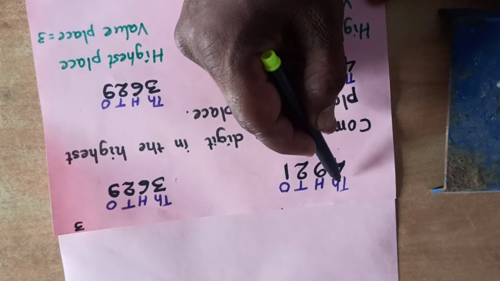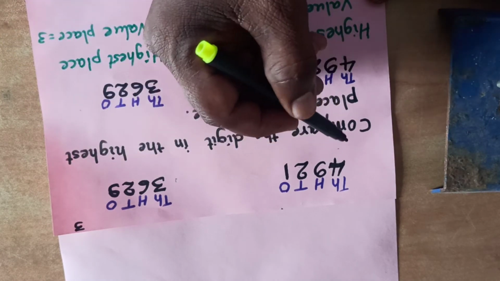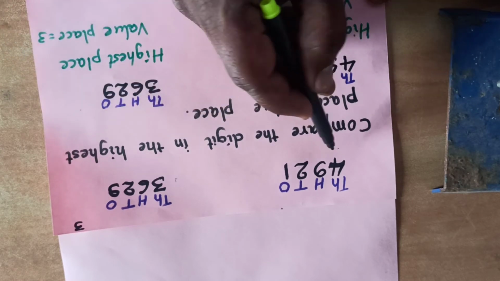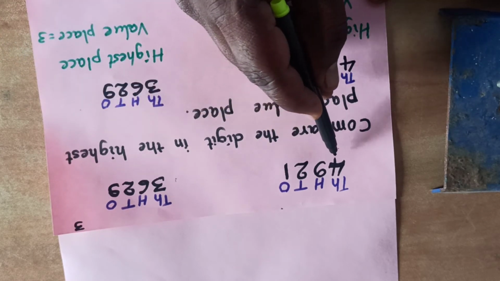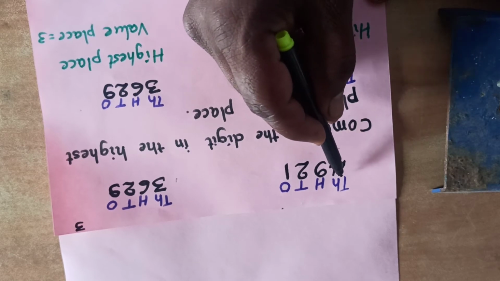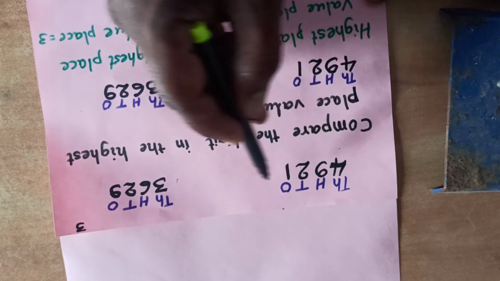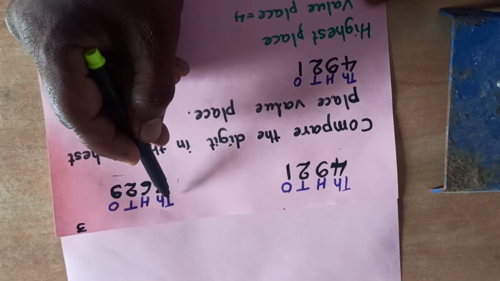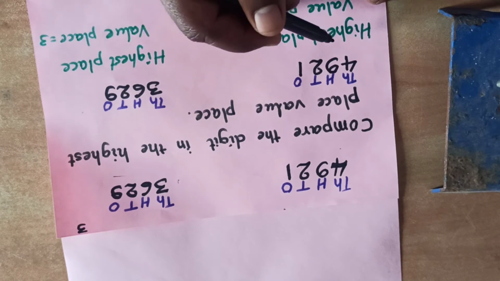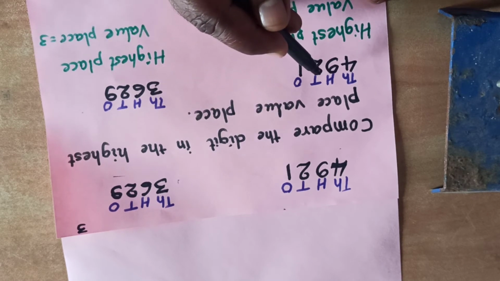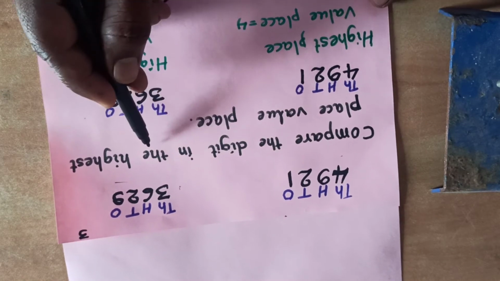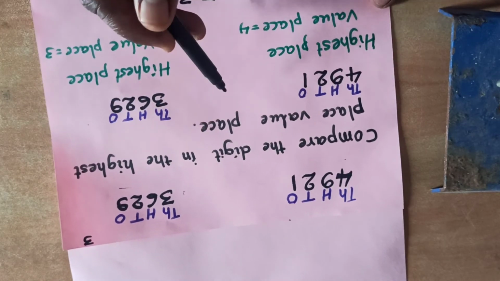Here the number has thousands place, and this number also has thousands place. In this case, what do we do? We compare the digit in the highest place value.